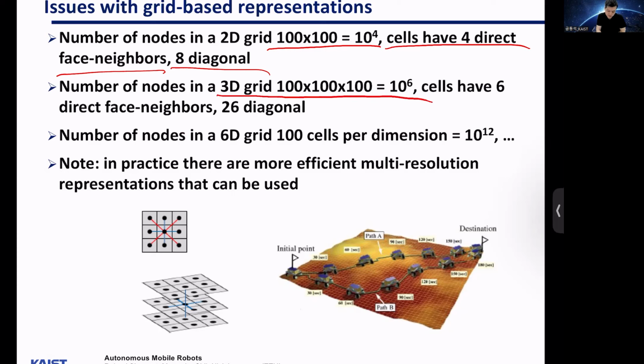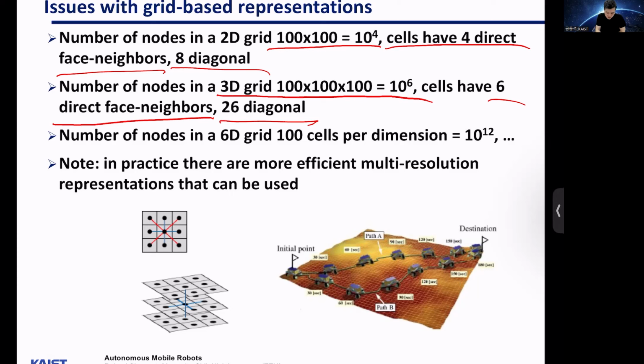will result in 100 cubed, it's a million, right? 1 million cells, which has 6 direct face neighbors. And if we consider diagonal transitions, that's going to introduce a 26 action space.